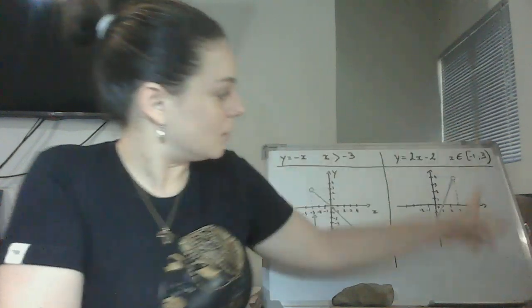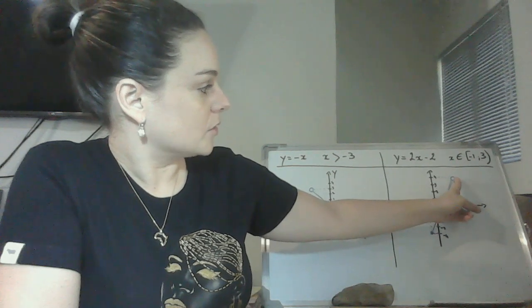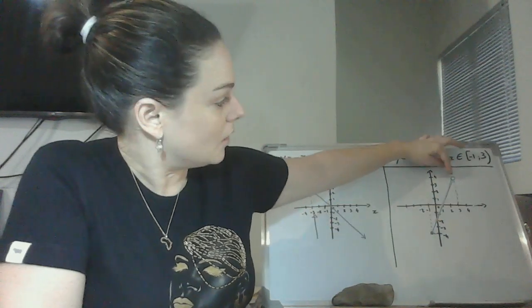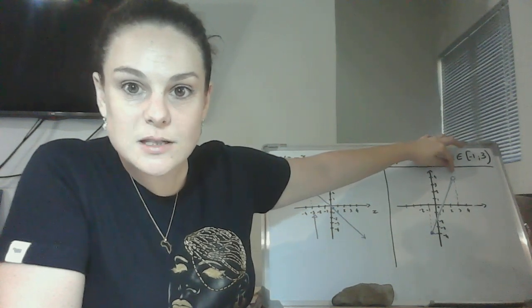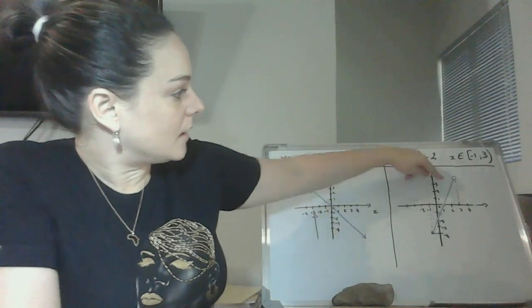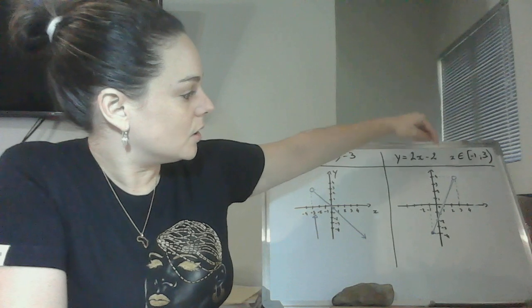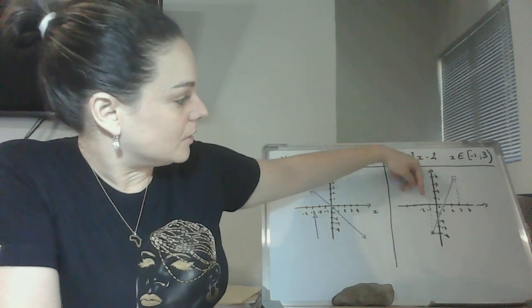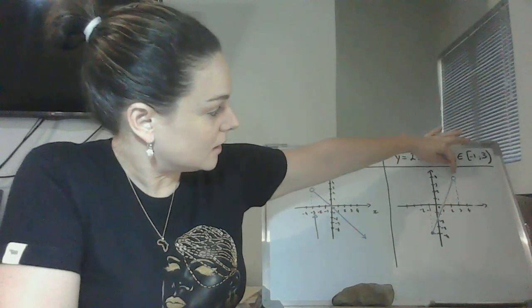But the soft bracket indicates that you exclude this 3. So on the 3 value for x, you're going to stop your graph and use a white circle to represent that you exclude 3. So this line is the graph for y equals 2x minus 2 for the interval from -1 included up to 3 excluded.